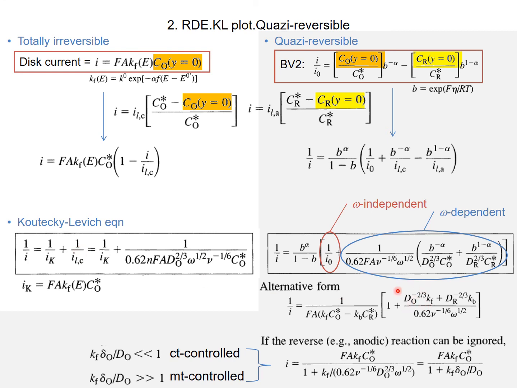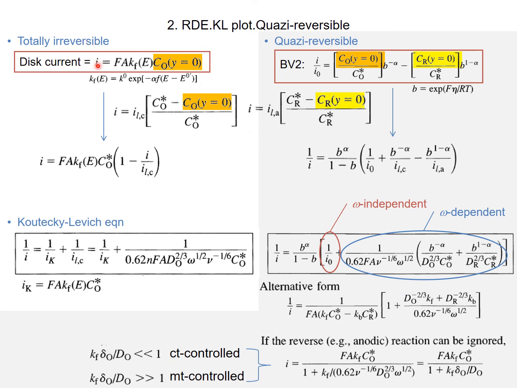But the form is really complicated and it is very difficult to apply this equation to analyzing experimental data. Anyway, the Koutecký-Levich equation can be extended from the totally irreversible case to the quasi-reversible case.